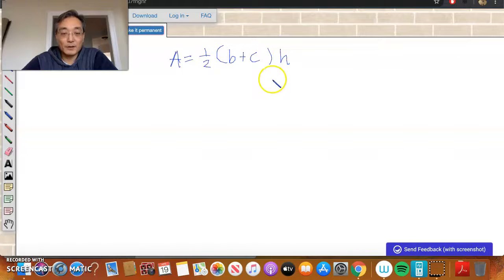Get H by itself. So in this case, what we can do is we can multiply both sides by 2 to get rid of that 2, right?